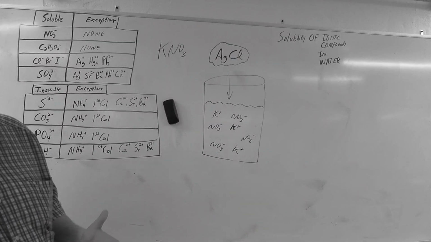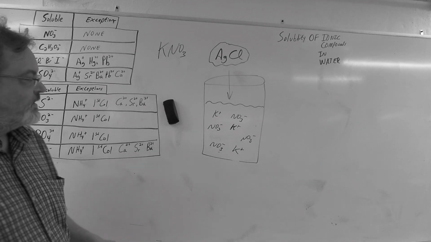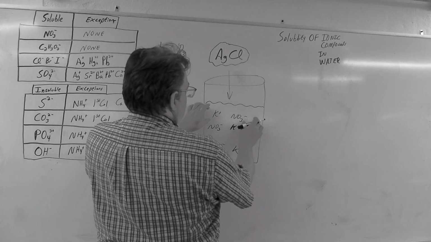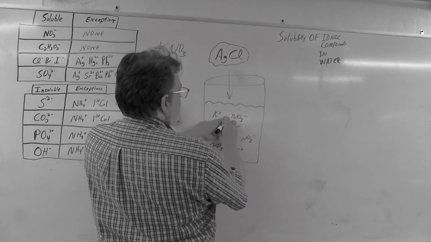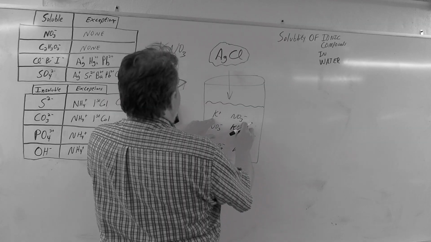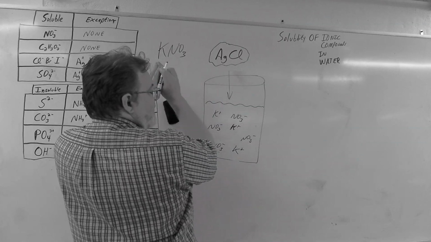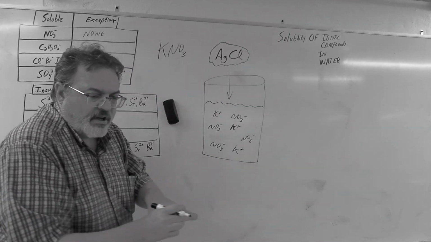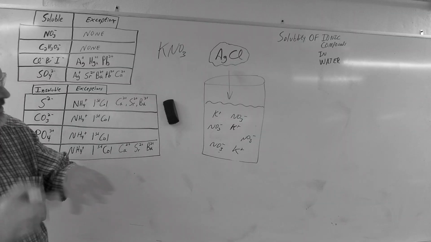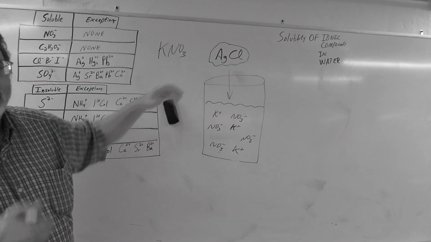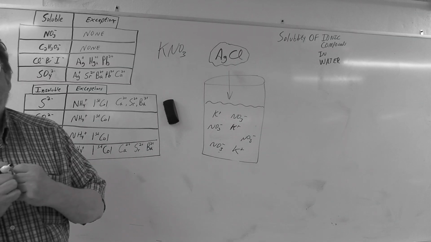Here's another way to think of what soluble means. If these are floating around in water and the K and NO3 bump into each other, they're just going to bounce away. They're not going to form this. Meaning, the other way to think of solubility is the natural state of KNO3 and water is apart, not together.